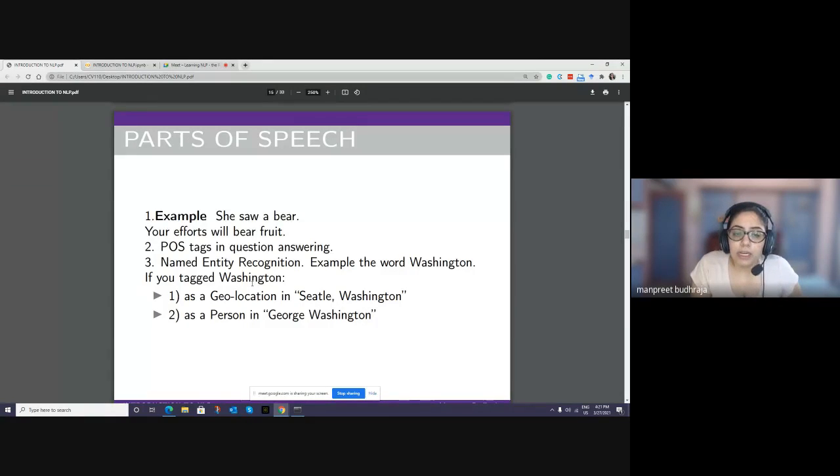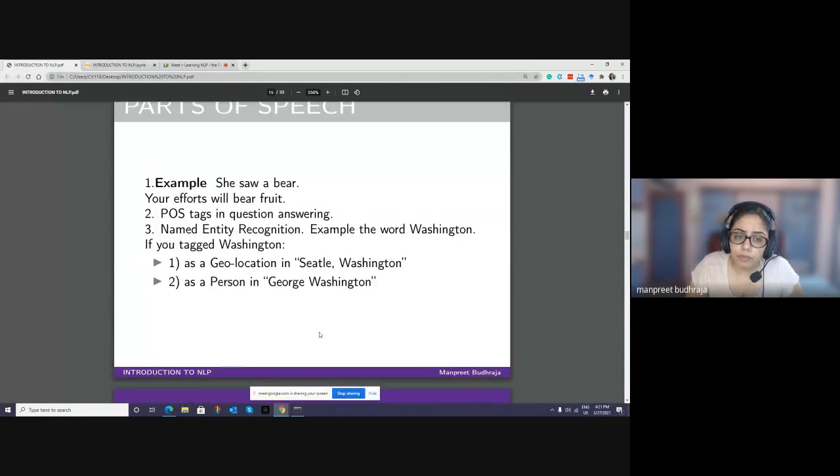So it's very important for your model to understand what type of part of speech we are tagging and working with. For example, Washington, Seattle, Washington is a geolocation, but George Washington is a person.